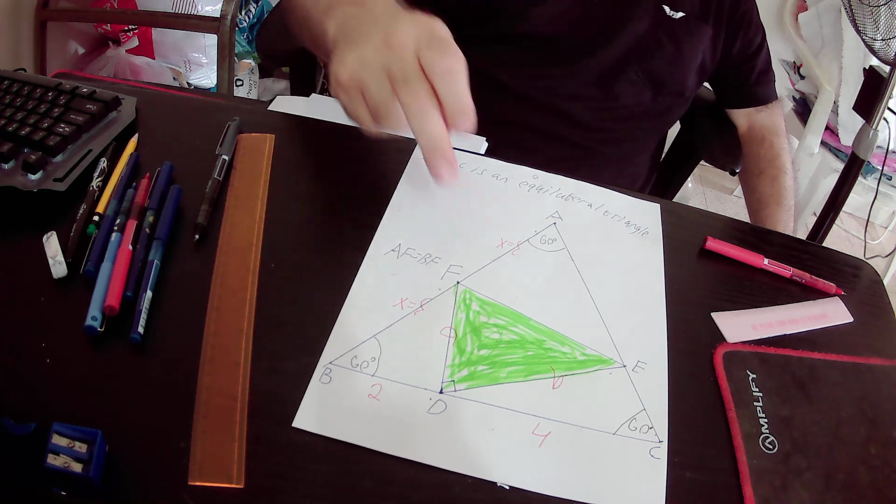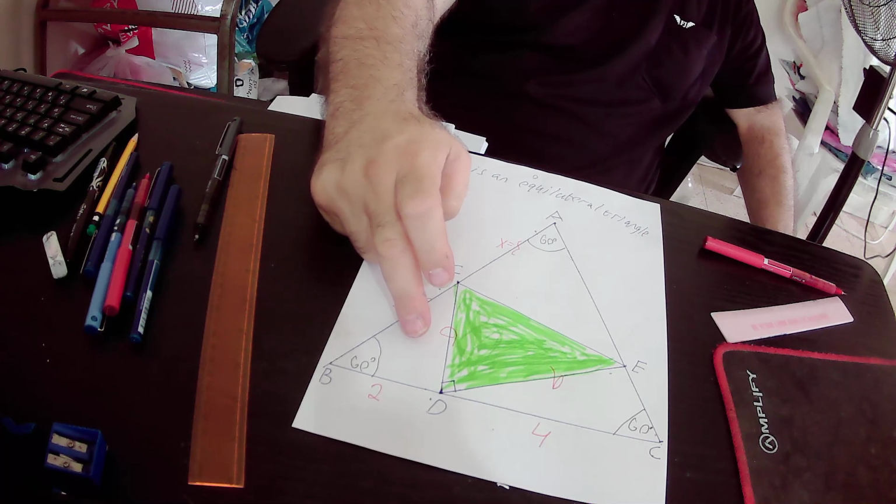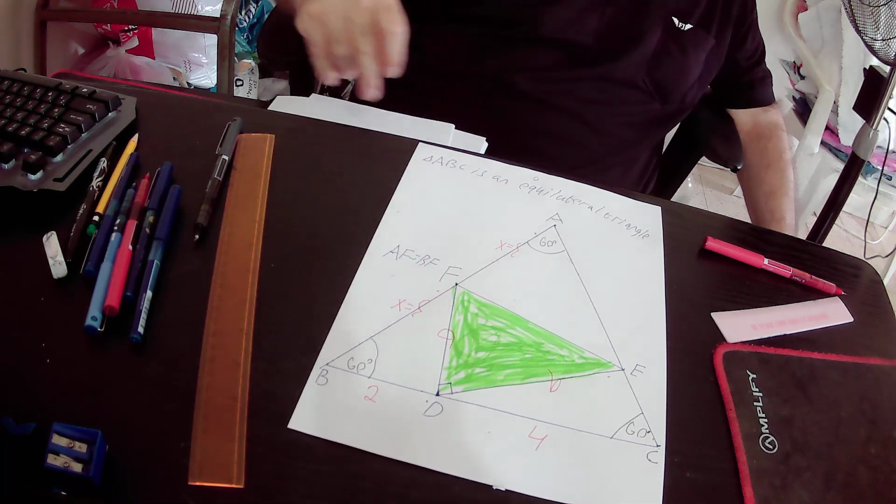Okay, we will implement the law of cosines in triangle FBD, this small triangle.